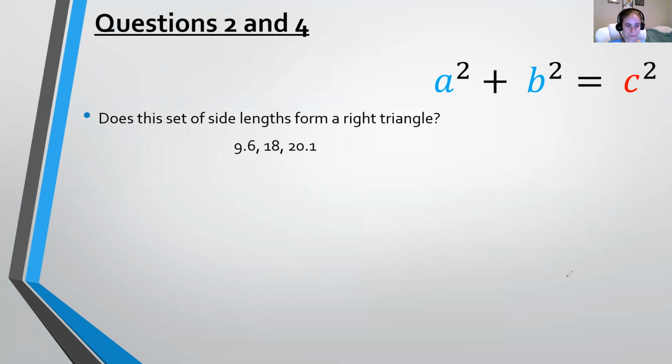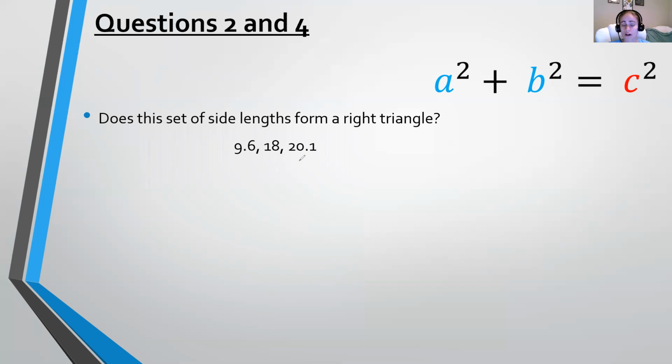Does this set of side lengths form a right triangle? Now we're being given 3 sides, and we're like, hey, use the Pythagorean theorem, see if it works, because if it works, sweet, it's a right triangle. If it doesn't work, then nope, it's either an obtuse or an acute triangle.